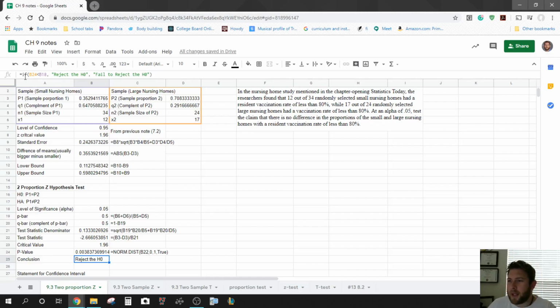So I put equals if B24, the p-value, is less than alpha, wherever I type that in, at 0.05. There's that. So if this is true, comma, what do you want it to say when it's true? Well, in quotations, you type in reject null hypothesis, comma, and if it's false, it'll automatically say the other way.